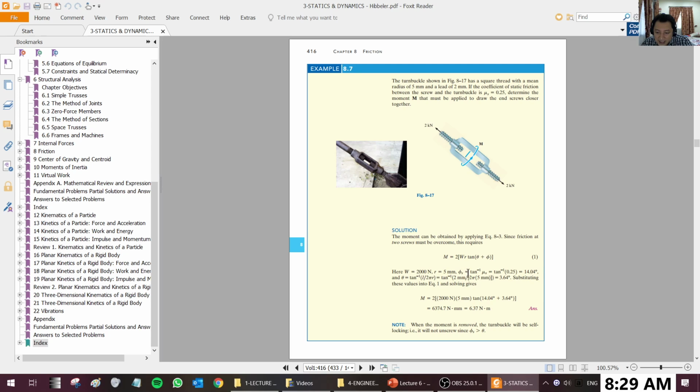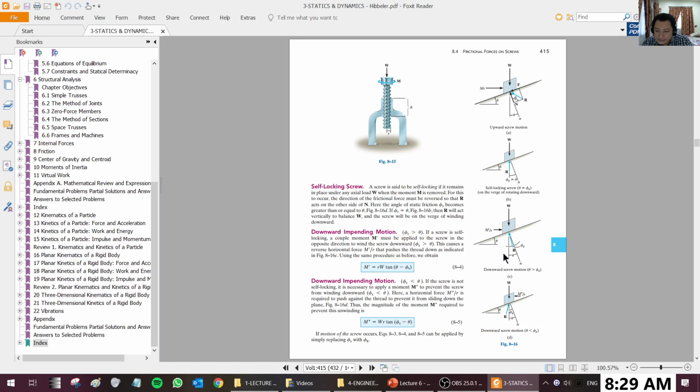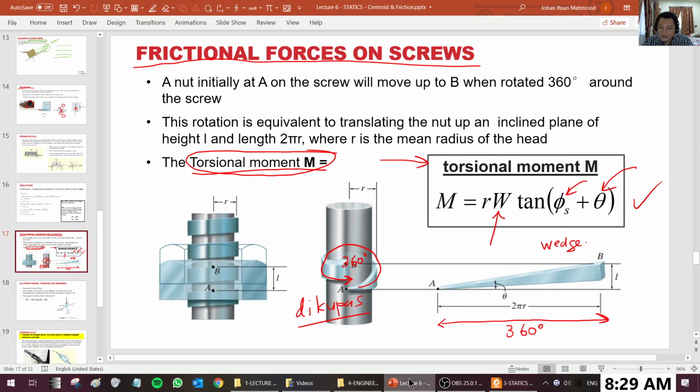So you've got theta S, W is 2000 Newton, R is 5 mm, theta S is 14.04. We're going to do some exercises, then we're going to be okay. This is the clamping force W. What else don't we understand? Theta S.